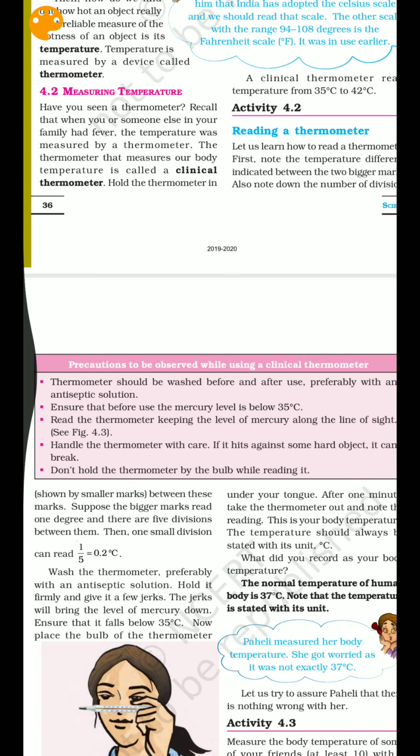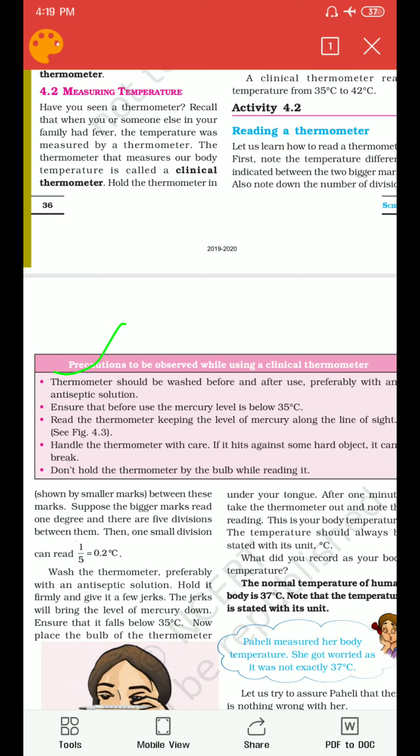Why do we have to wash the thermometer before and after use? Because suppose a person is suffering from any kind of bacterial or viral disease, and you have taken the temperature of that person, and again you are going to take the temperature of another person, then this bacteria and virus can transfer to the healthier person also. So always we have to wash the thermometer carefully with any kind of antiseptic solution.